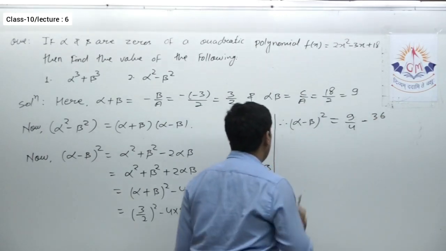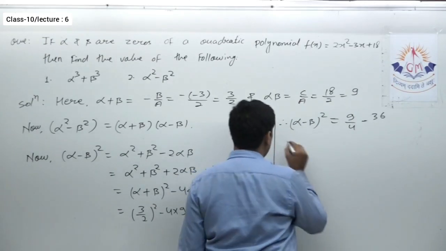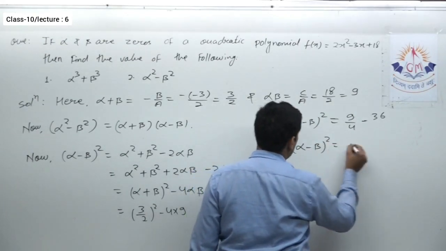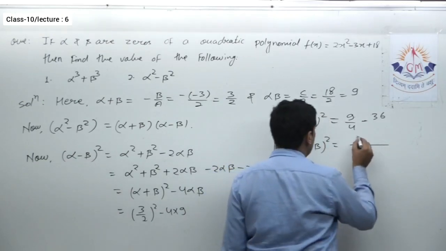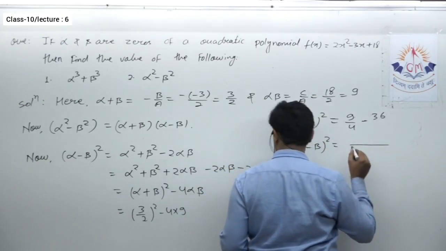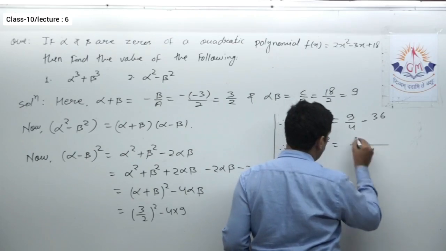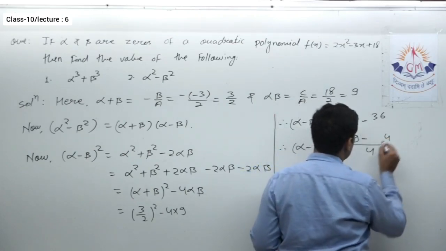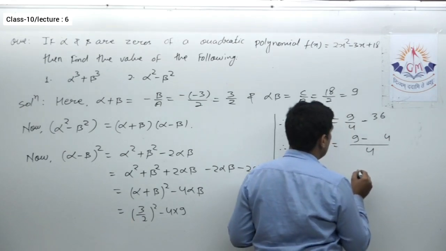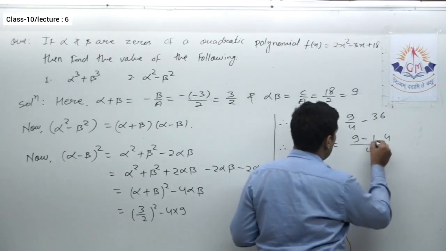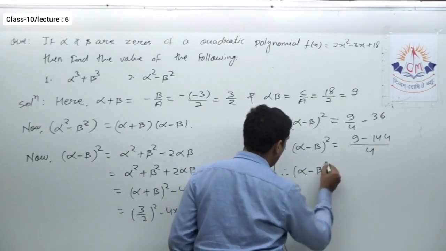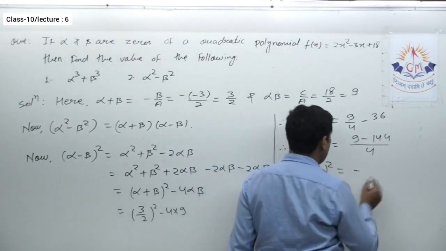This is the value of alpha minus beta whole square. If I take the LCM here, I will get 9 minus 144 upon 4, so alpha minus beta whole square comes out in the negative form.